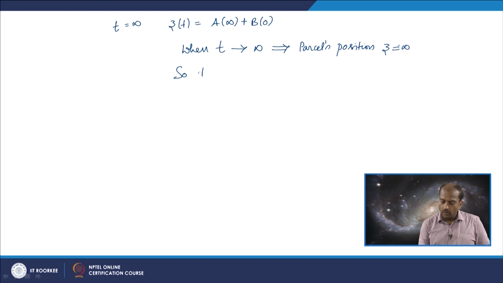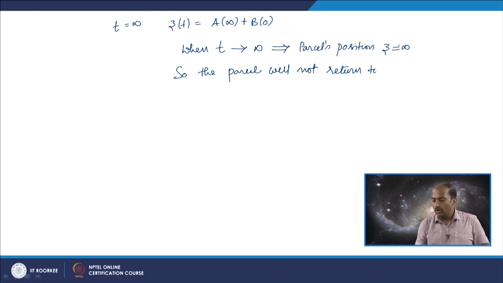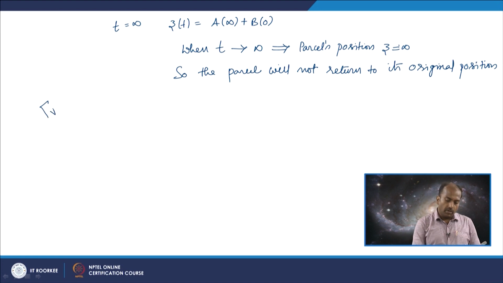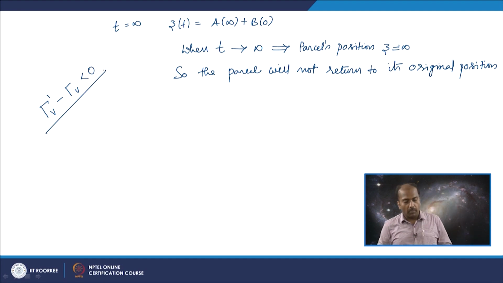So, the parcel will not return to its original position. So, when does it happen? If the parcel's lapse rate is smaller than the environment lapse rate, then the parcel will be displaced and it will never come back to its original position.